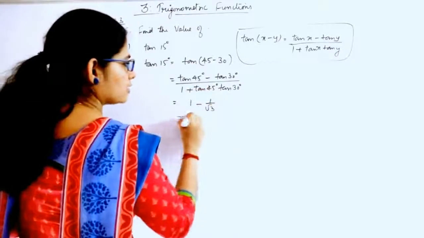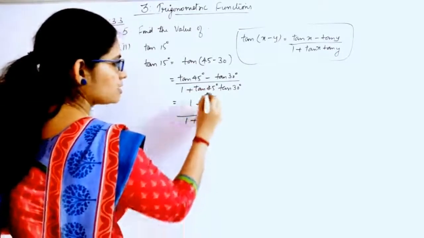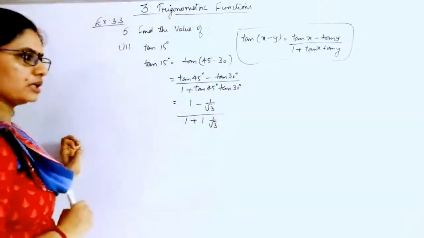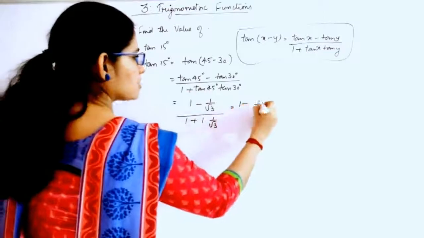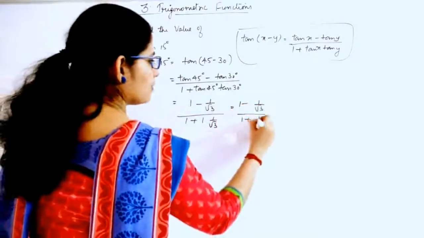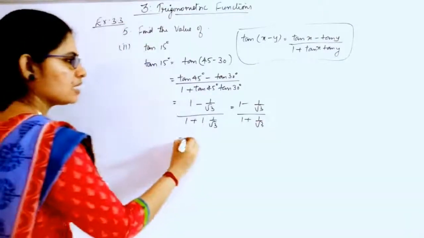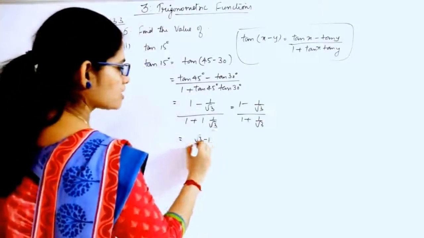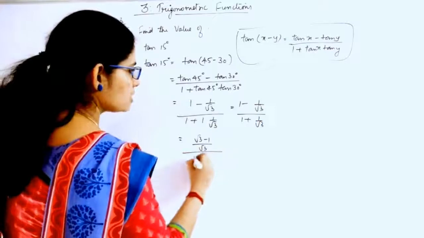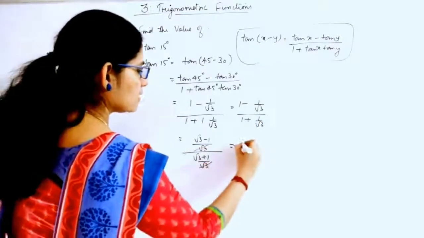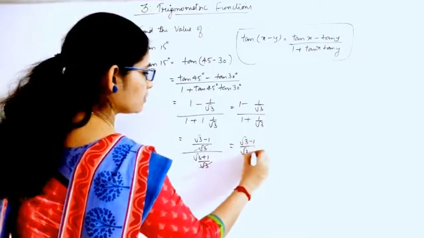So you will get 1 minus 1 by root 3 divided by 1 plus 1 into 1 by root 3. Now after taking LCM, it will be root 3 minus 1 by root 3 divided by root 3 plus 1 by root 3. Root 3 gets cancelled and you will get root 3 minus 1 by root 3 plus 1.